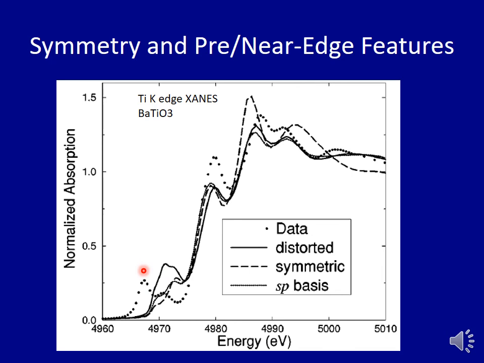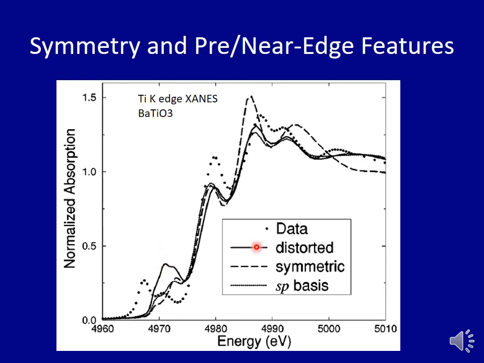This is most likely due to full potential effects, which tend to be a little bit larger in the pre-edge region. But anyway, this is a case where you need to have the distortions in the system in order to get the correct pre-edge peak, because the excitations to that orbital, or the hybridization of that orbital with the p states in this case, are forbidden in the symmetric system.